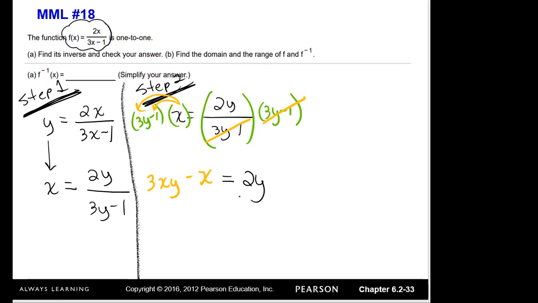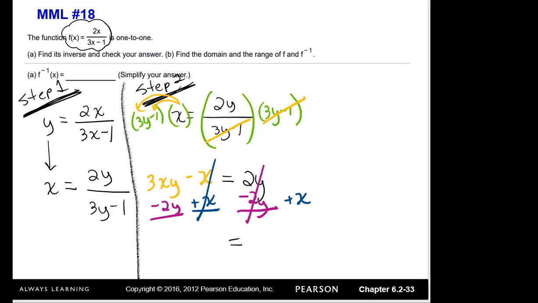I am going to subtract the 2y from both sides. But in the same breath, I am going to add x to both sides. That way, the x cancels on the left and the y cancels on the right.